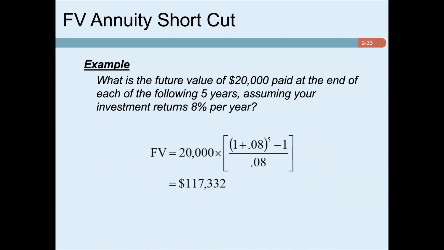What is the future value of $20,000 paid at the end of each year for 5 years, and the investment return is 8%? Okay, so it's 20,000 times 1.08 to the power of 5 minus 1, so that's the rate of return for 5 years, divided by 0.08. So that's actually $117,332 for future value.